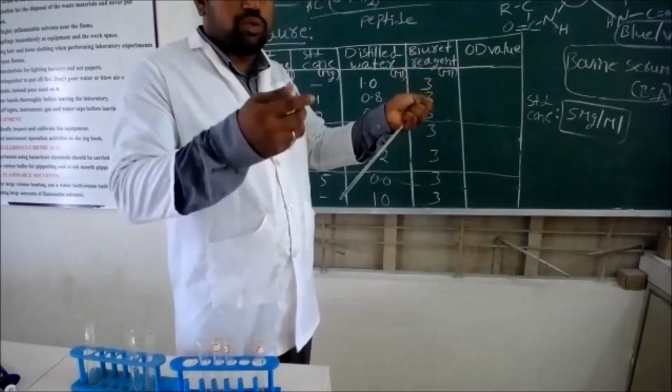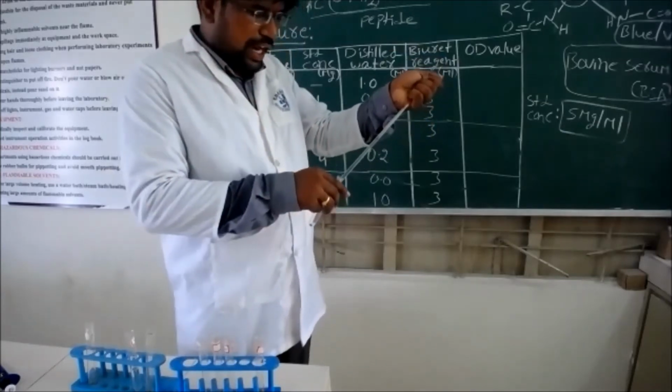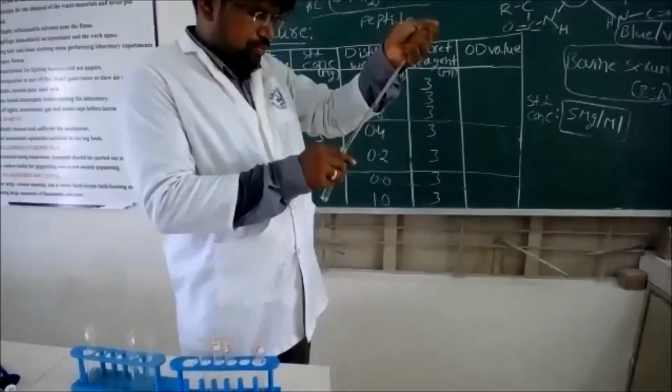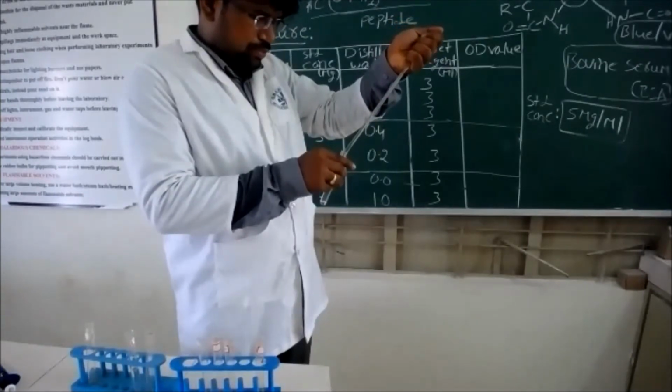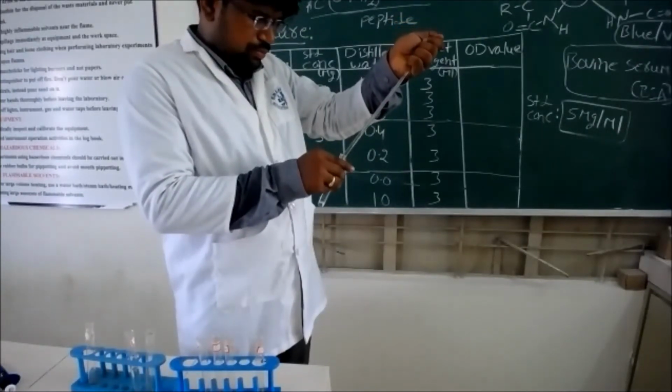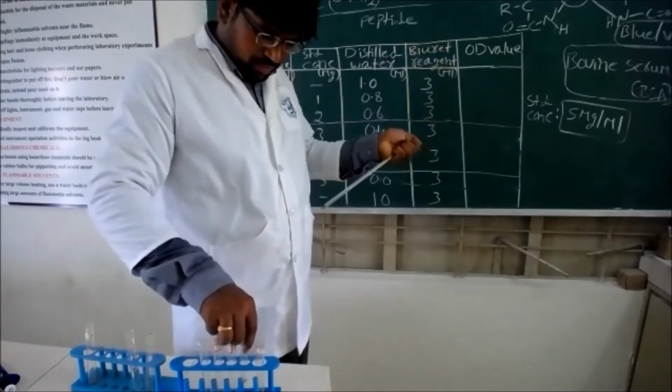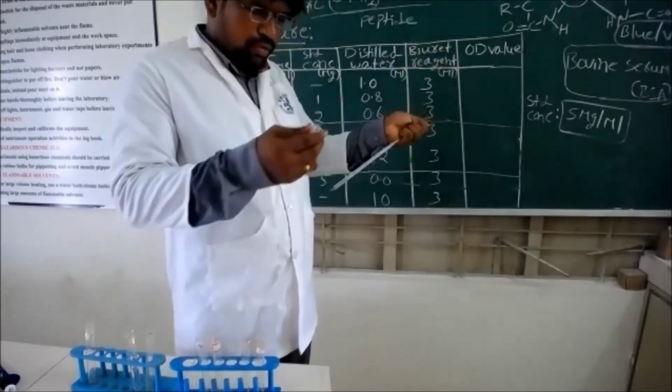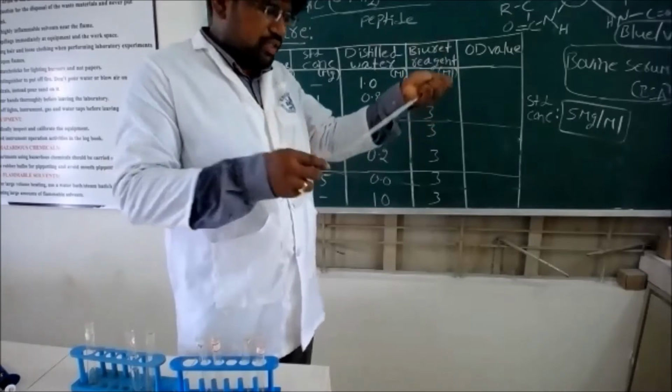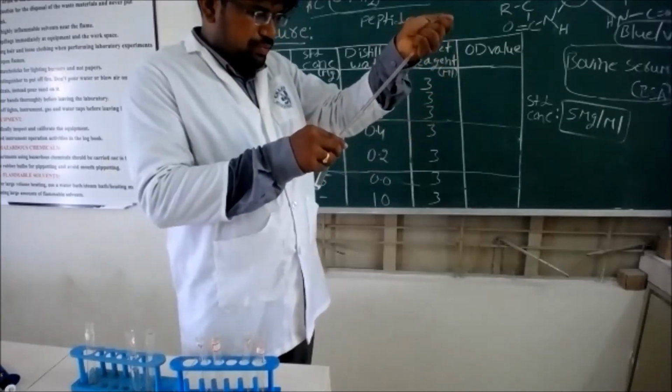Then into the S2, we already added 0.4 ml, so add 0.6 ml. S3, already we took 0.6, so add 0.4 ml.